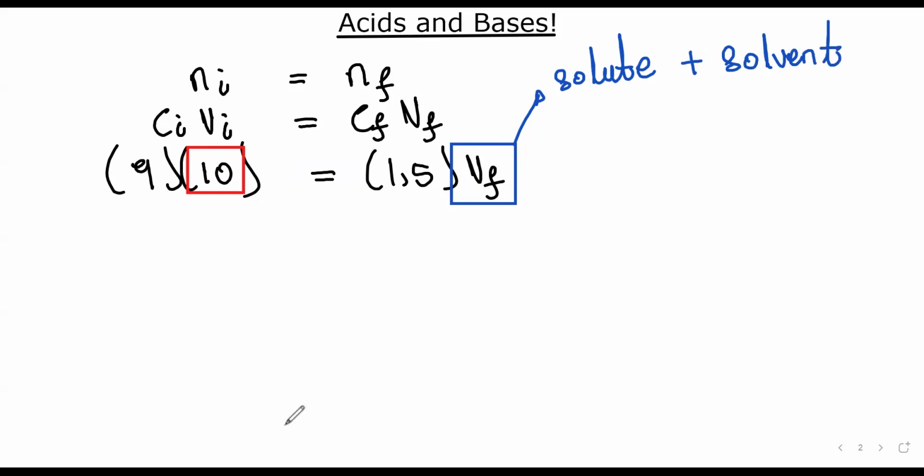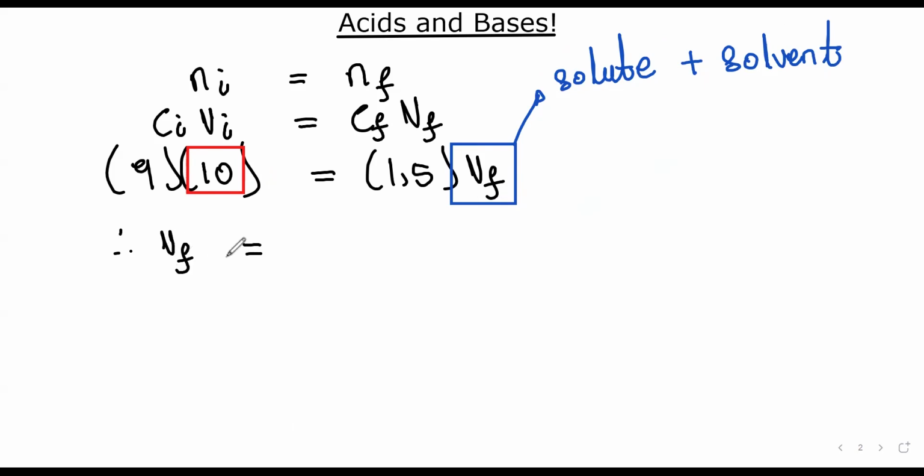So what we are looking for here is the volume of the solvent. We already know that in this final volume, there is already 10 cubic centimeters. So here we need to know the volume of water, which is the solvent.